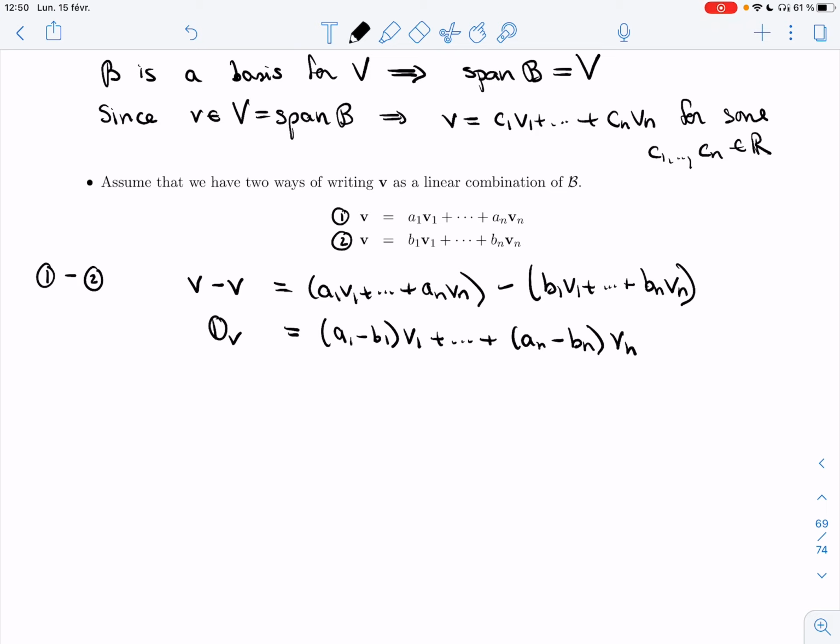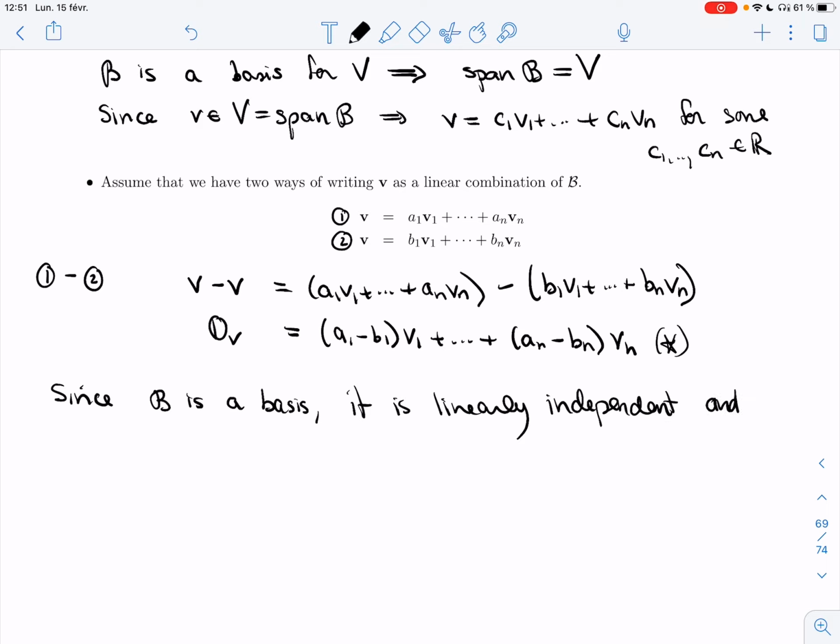And so, if you look at what I have here, I have a linear combination that gives 0. So since B is a basis, it is linearly independent.